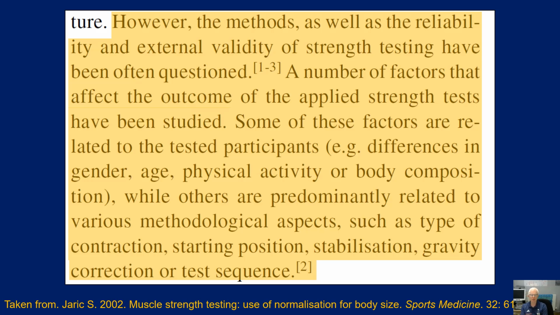It might be, as they say, a lot of factors that affect this in terms of the participant. But if we take the participant out of this, the area that we're going to really end up focusing on within this session is these methodological aspects. What contraction is being assessed affects the validity, and also has a significant implication on the reliability of the test. When they refer to the starting position, they're simply referring to where the limb is at the commencement of the activity.